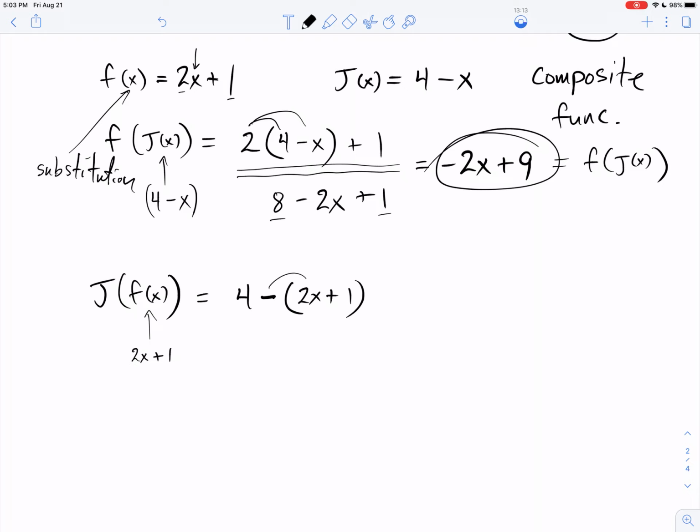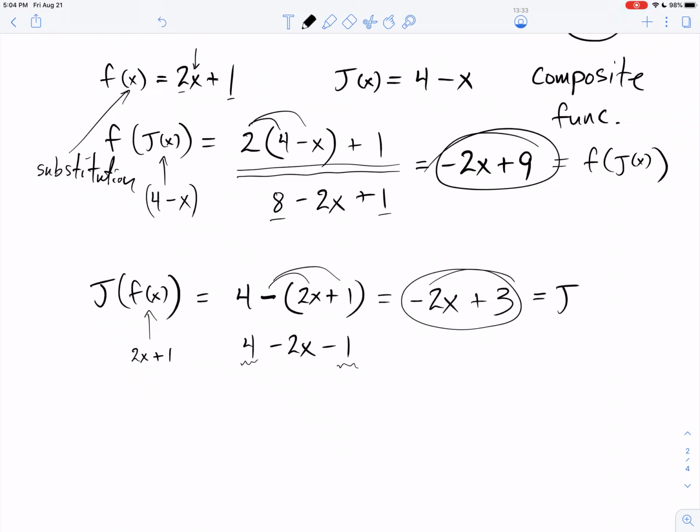So I am now going to distribute this minus, and I will get 4 minus 2x minus 1. I have combinable information. Grand total, I end up with negative 2x plus 3. This guy right here, his name is j of f of x.